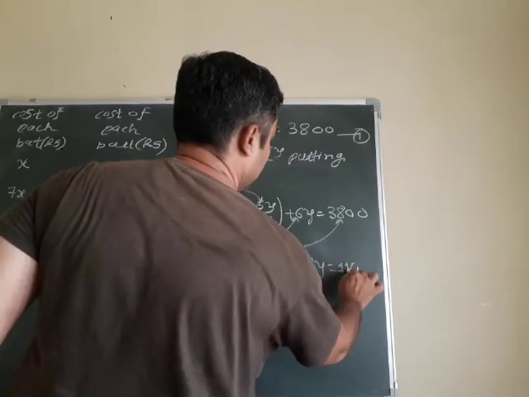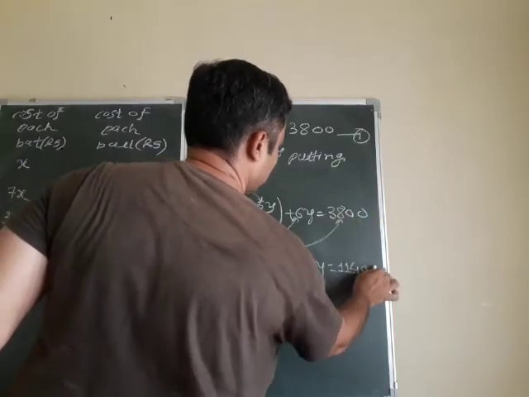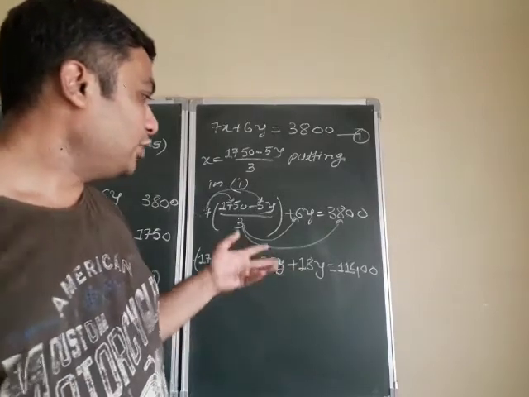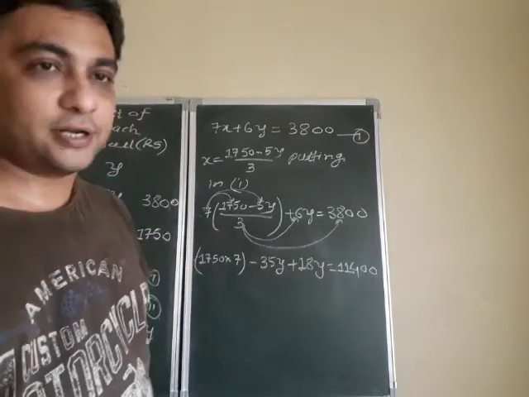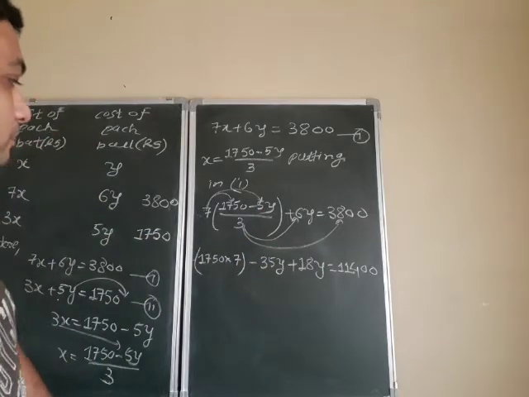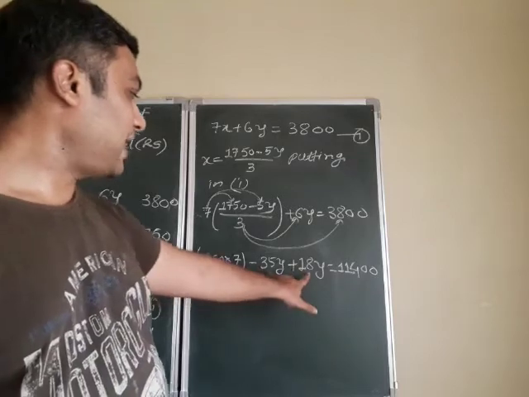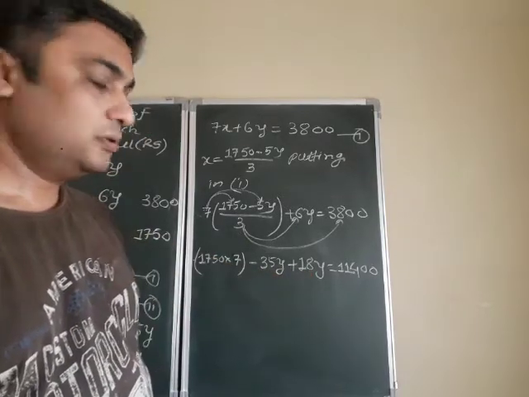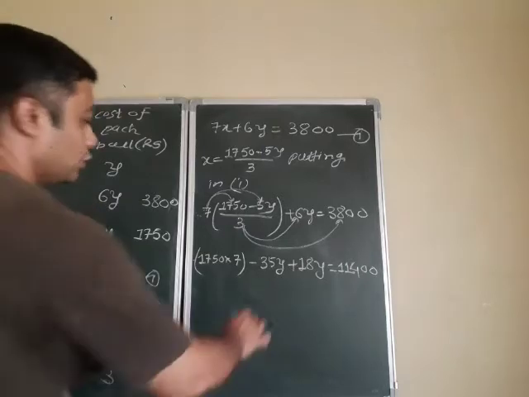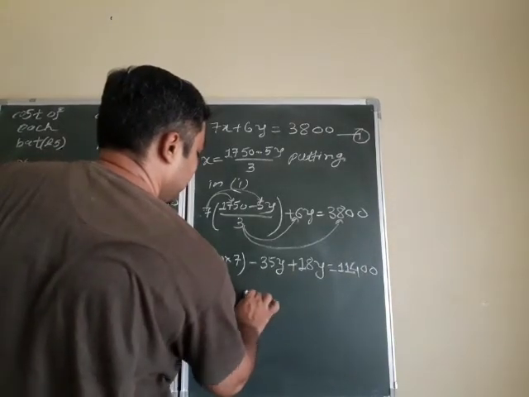It comes to 114 and 00. 4 3s are 12, and 3 2s are 6 we subtract. So 114. Ready? Now multiply this. This is minus 35y plus 18y, so it comes minus 17y, right? So this comes minus 17y.